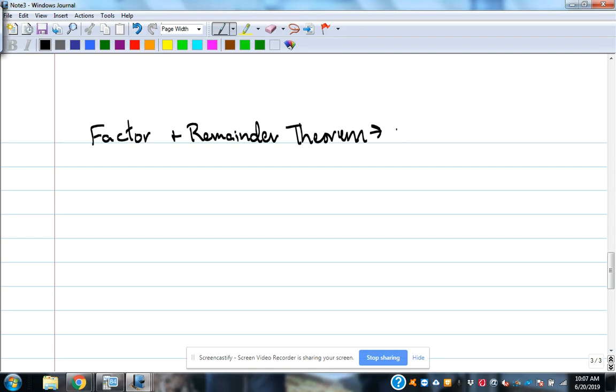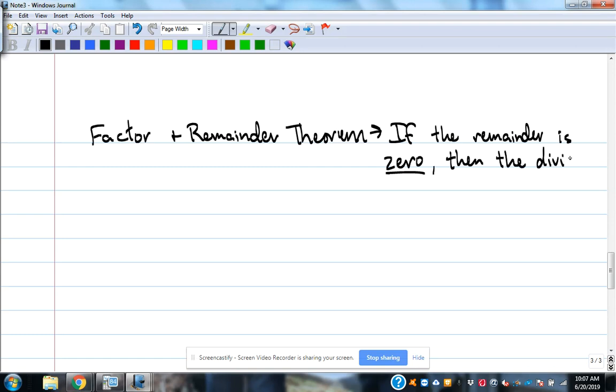They say if the remainder is 0, that's the important part, then the divisor is a factor of the polynomial.